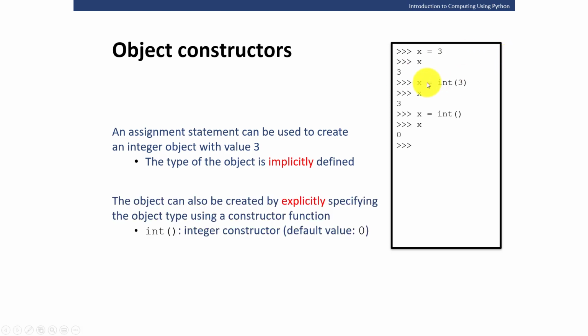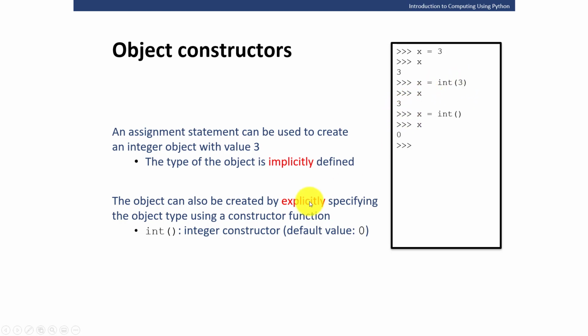So if I say x equal to int(3) and evaluate x, this will give me 3. As you can see, I can explicitly specify that x belongs to a class, it's an integer object, and its value will be determined inside the parentheses here. This is an argument, or a parameter, okay?